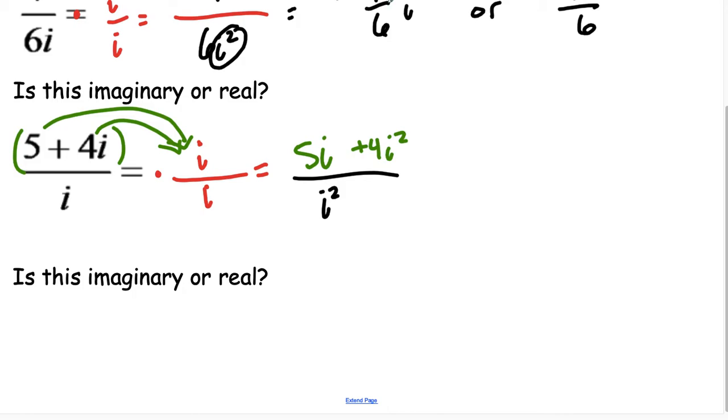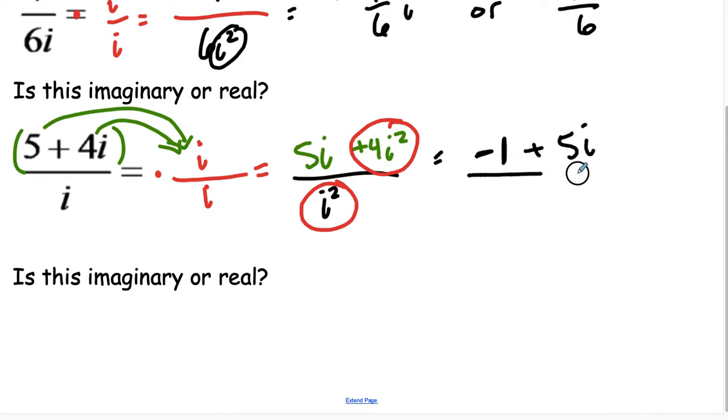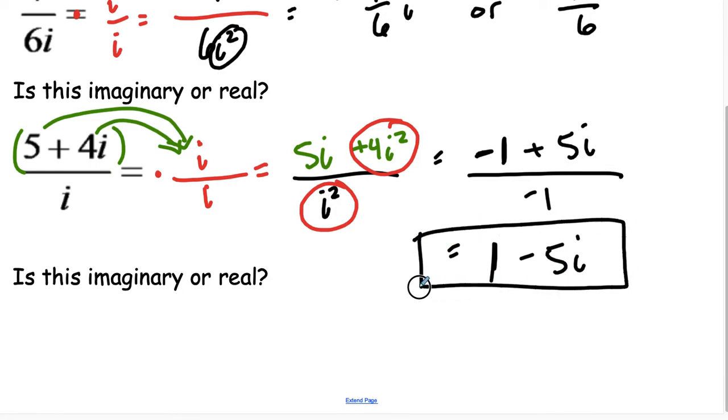So this is a real number and this is also a real number. 4i squared simplifies as negative 1, so that has to go in front of the imaginary number. So this becomes negative 1 plus 5i, and the denominator becomes a negative 1. Now, when you divide by a negative, your sign changes. So that's going to become a positive 1 and then a negative 5i. So this is the final answer.